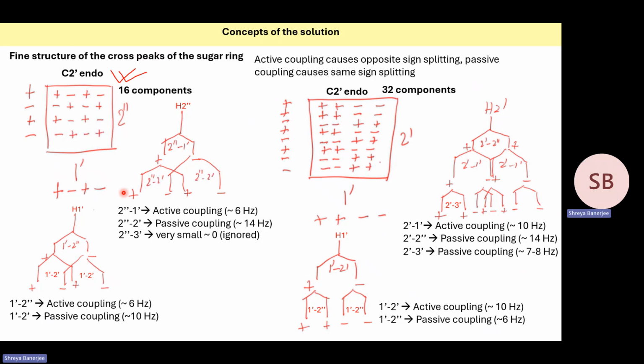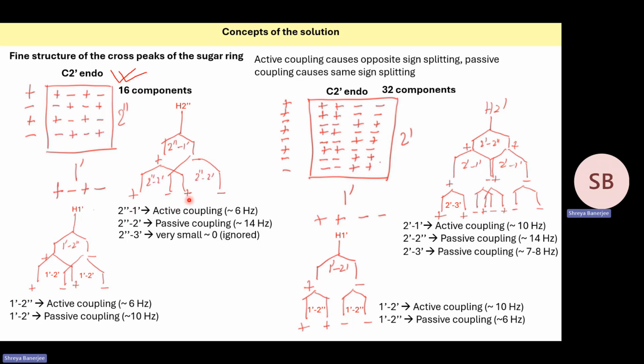As for 2'', it is first split by 1', that is the active coupling of around 6 Hertz. Because it's active coupling, it is plus minus. Then 2'' can be split by 2', and because this is passive coupling, plus splits into plus, minus splits into minus. This 2'', 2' geminal coupling is very strong, 14 Hertz, so again this crossing is happening.